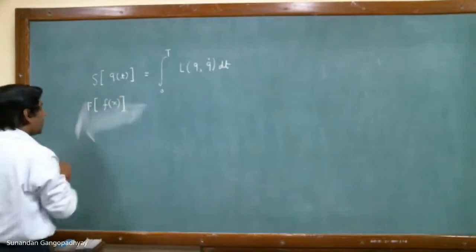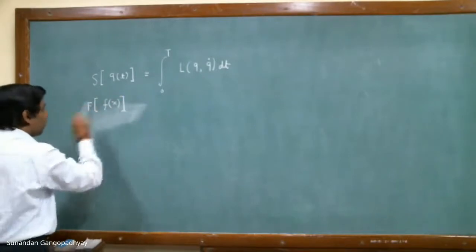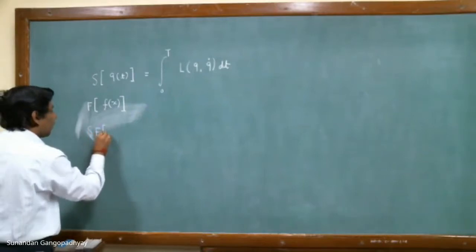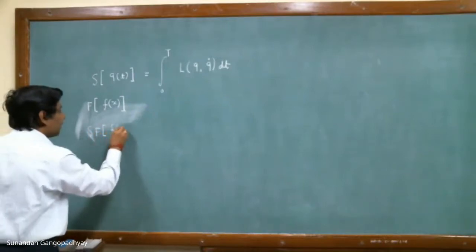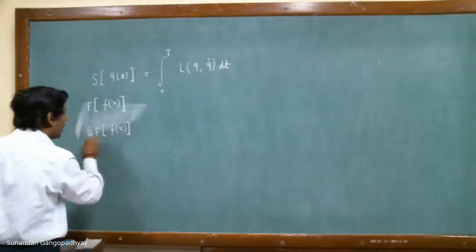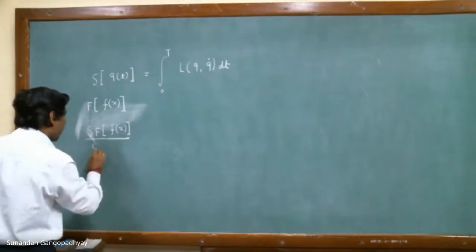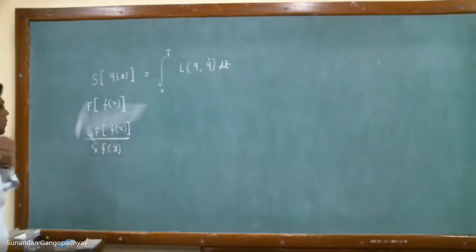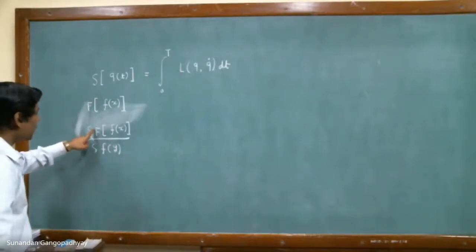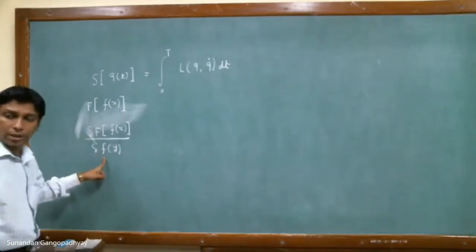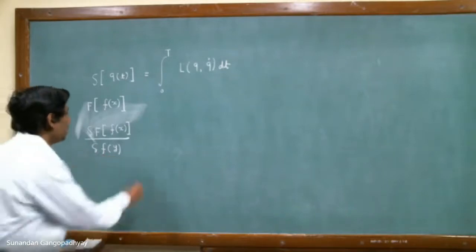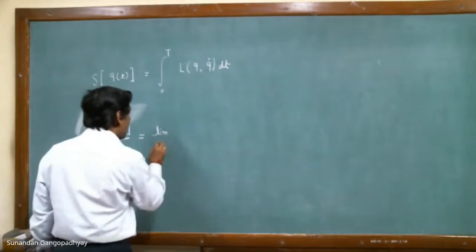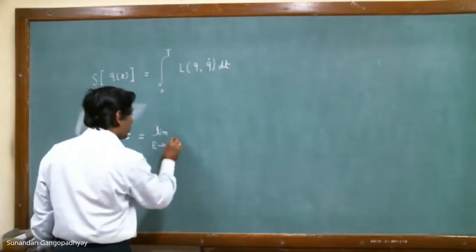If you have any functional F[f(x)], then the functional derivative of this functional F with respect to this function f at y is basically defined by the following relation.